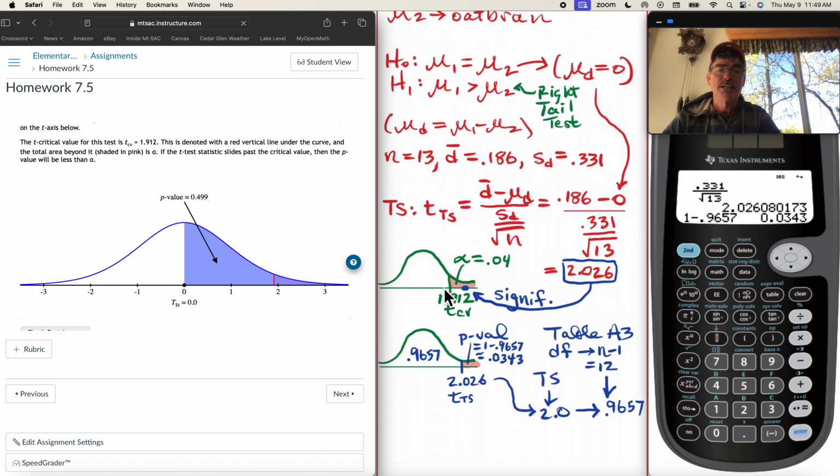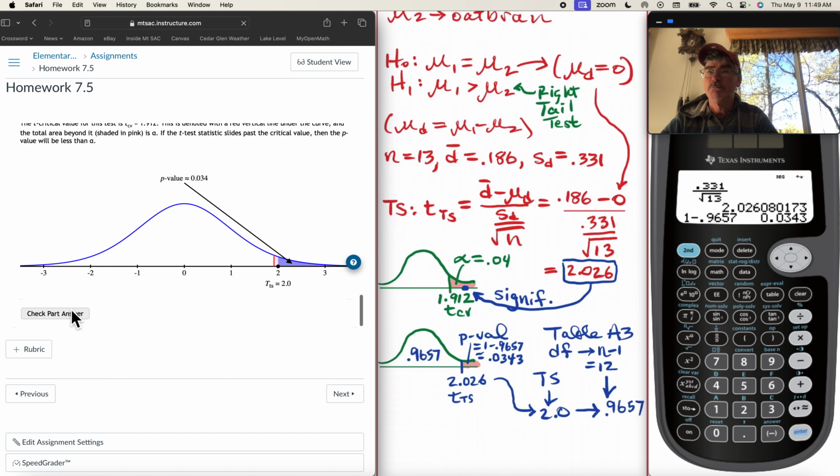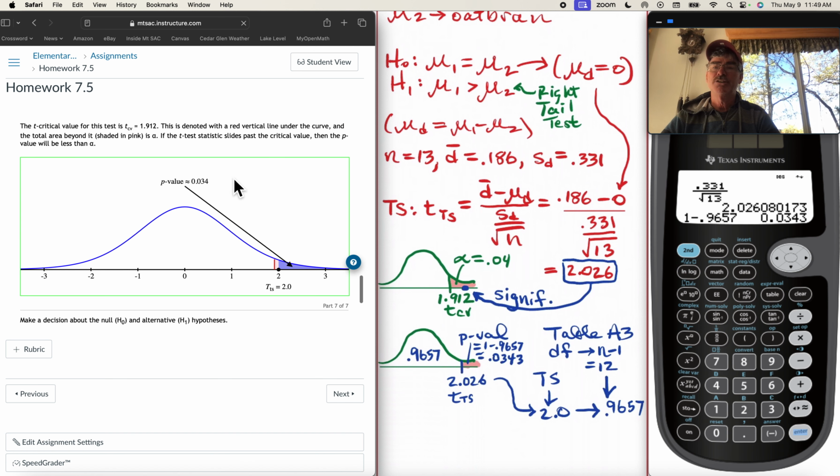The test statistic was 2.026, so we'll dial that in here, just put it in as a 2.0 like that. And you can see the p-value, 0.034. What did we get? 0.0343. So that's actually pretty darn good. We'll go ahead and check that. Okay, so everything's good here.